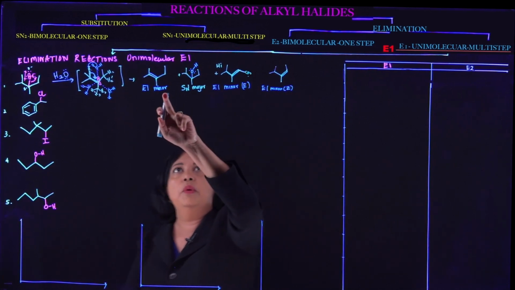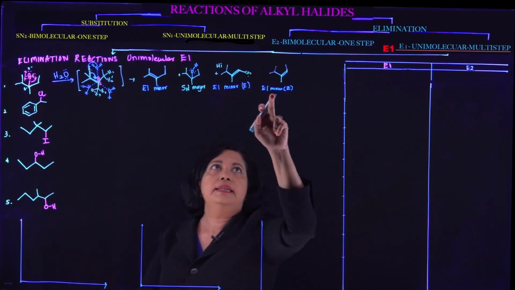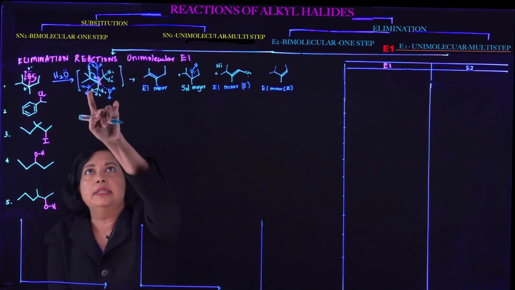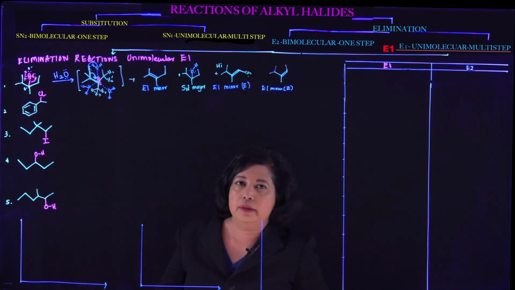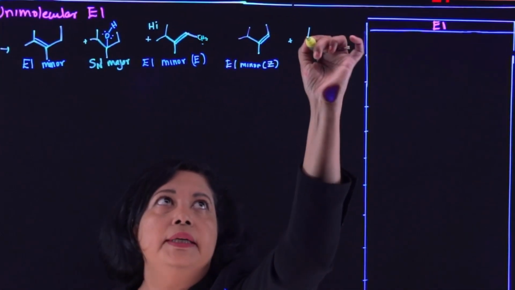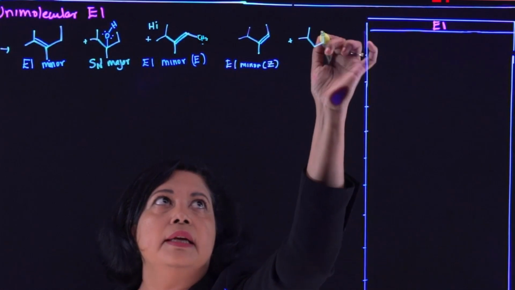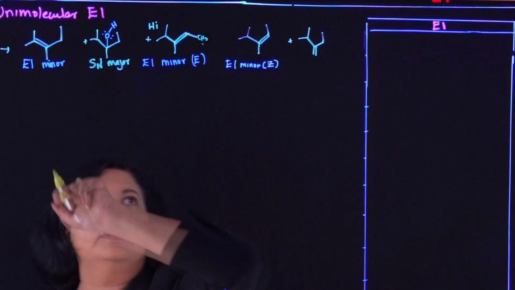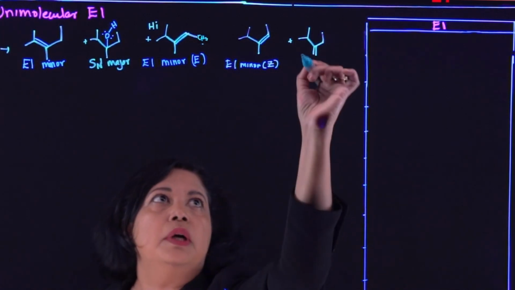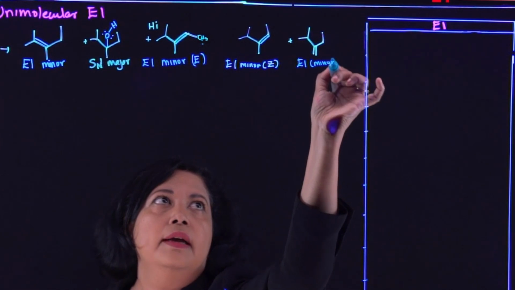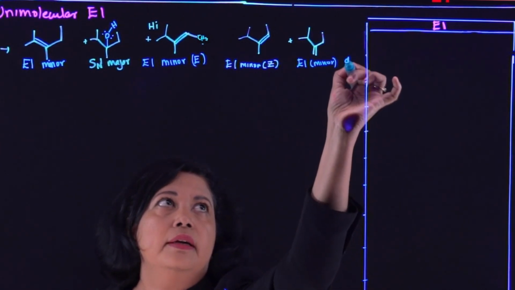So this would be more than this would be more than this, and this would be more than pulling off any one of these identical hydrogens over here. So that is going to give you a di-substituted alkene. This is tri and this is tetra. So this is going to be E1 minor, and that's going to be di.